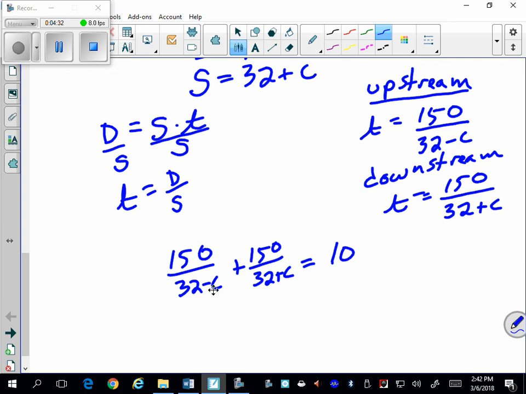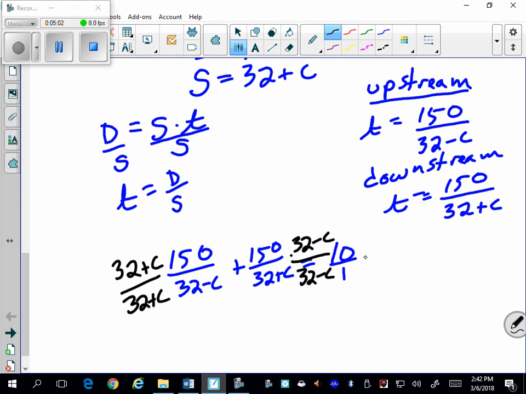Now I'm going to get like denominators. Looking at the denominators, nothing is common, so I multiply the first fraction by 32 plus c over 32 plus c, and the second fraction by 32 minus c over 32 minus c, to get a denominator of 32 plus c times 32 minus c.